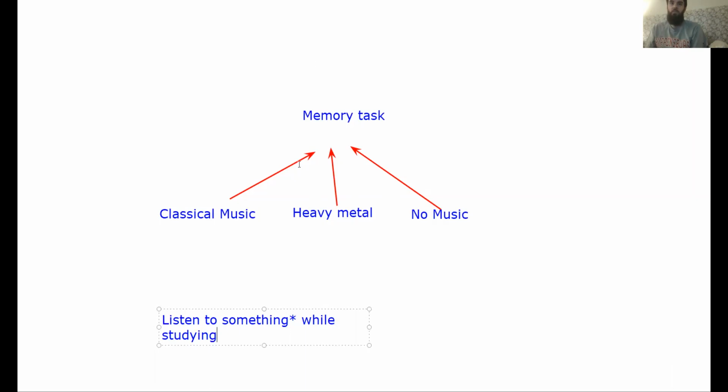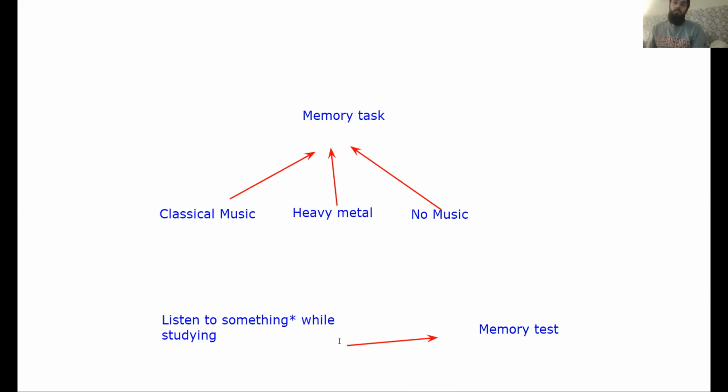People will study a list of words while either classical music or heavy metal music is playing, or no music is playing. And then after that, people will complete a memory test.